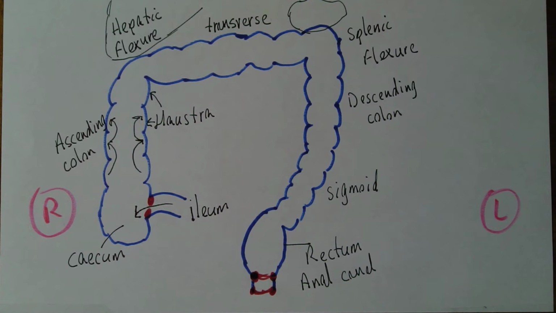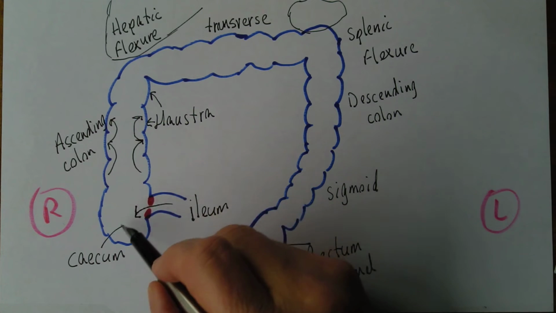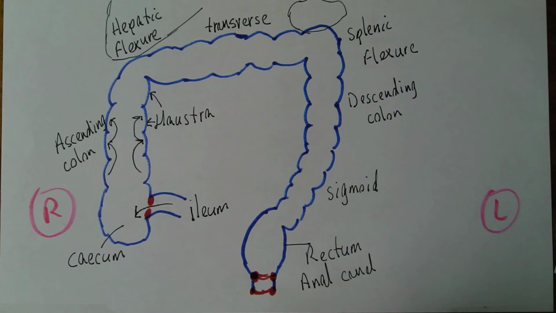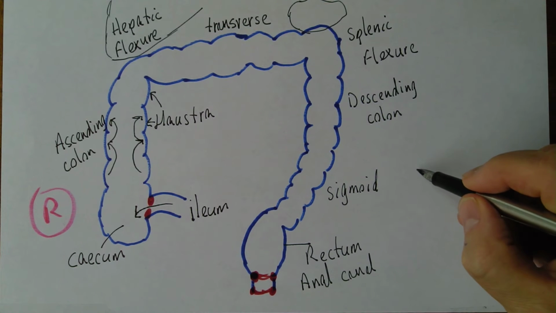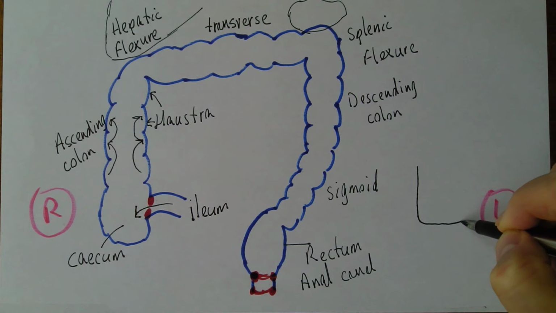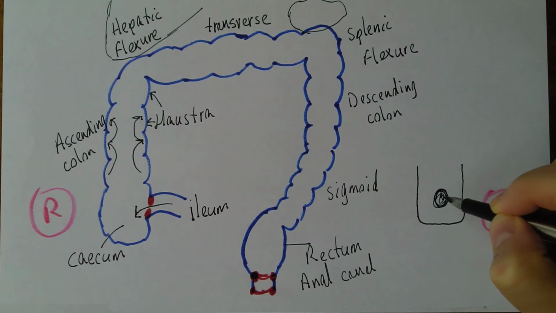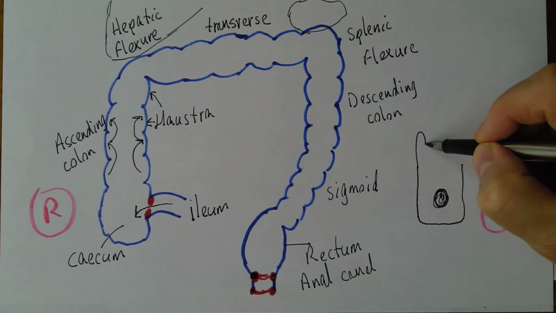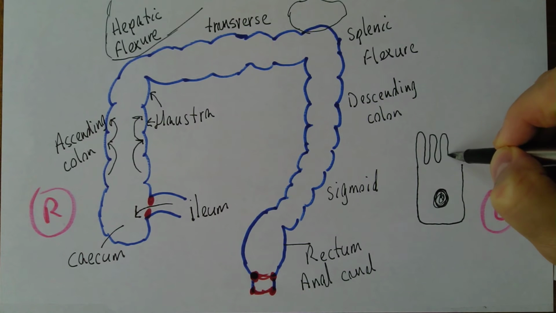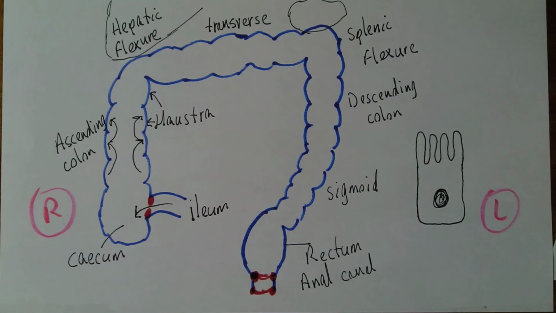So we've got this process going on. We've got lots of liquid chyme going in here. Now, lining the colon, we've got columnar cells like this, lining it with a nucleus. And these have lots of villi, several hundred villi per cell, giving it a large surface area.